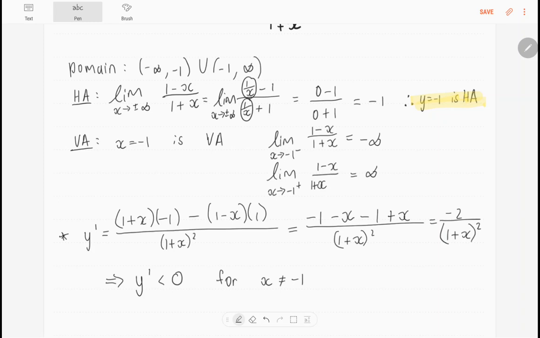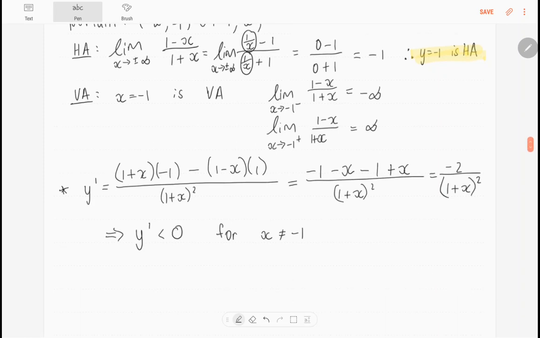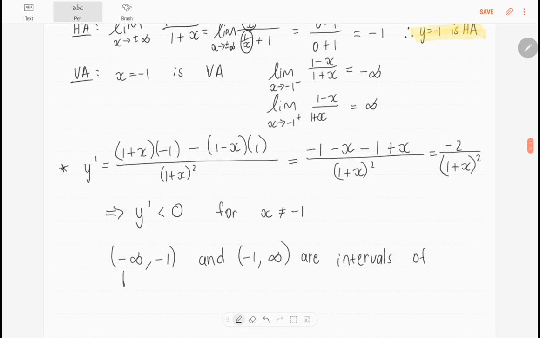So what we can say from this is that from minus infinity to minus 1 and from minus 1 to infinity, we have intervals of decrease since our first derivative is less than 0. So we're going to use this later when we sketch our curve.